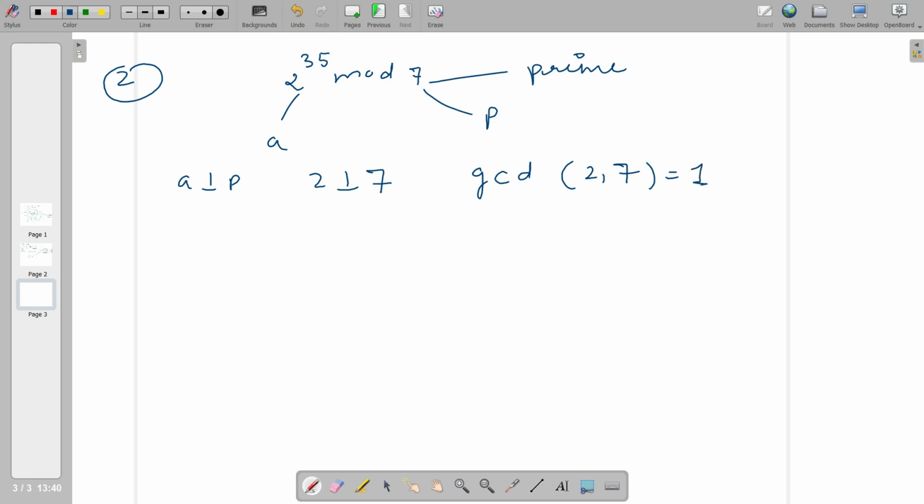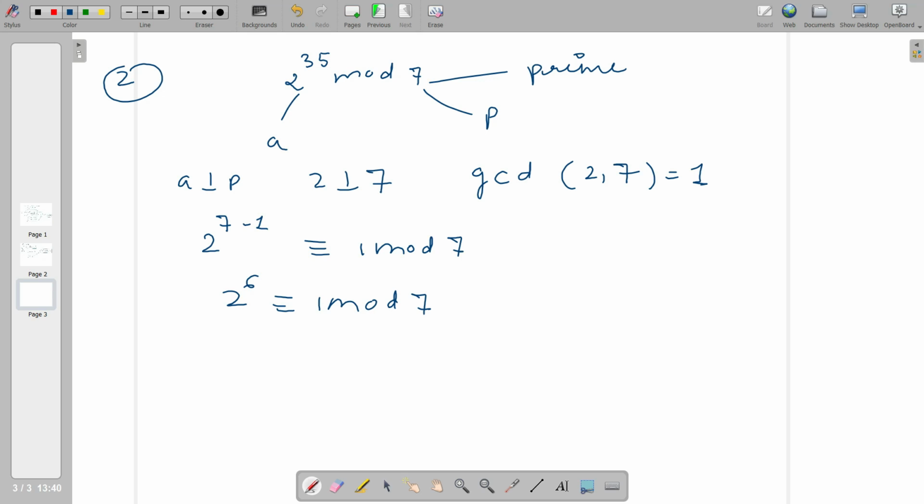So now we will write Fermat's little theorem: a to the power p minus 1, so 2 to the power 7 minus 1, will be congruent to 1 mod 7. So 2 to the power 6 mod 7 will be 1.